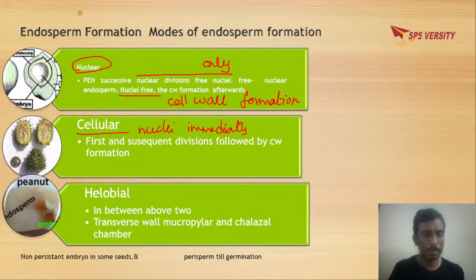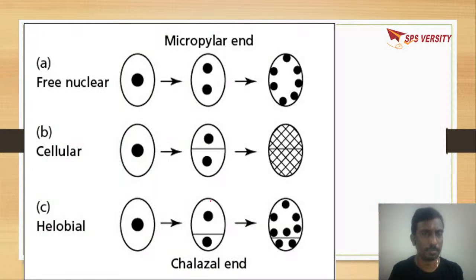Then there is helobial, which is in between the nuclear and cellular. It will form a transverse wall towards the micropylar region, and it will start cell wall formation from the micropylar and chalazal chambers. Later on, gradually it will stop. So in the formation of endosperm, there are nuclear endosperm, cellular endosperm, and helobial endosperm.